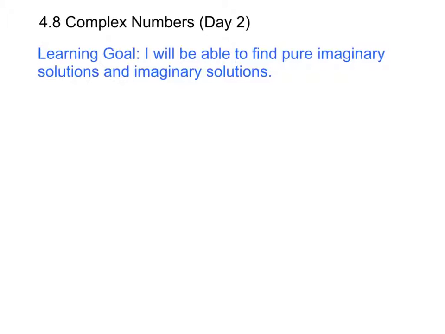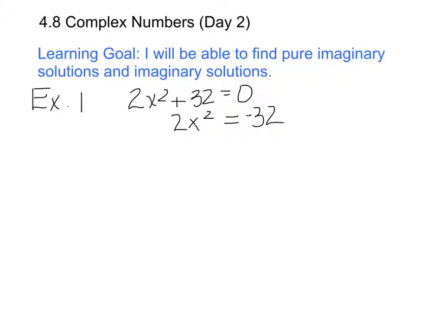Let me change my color. So I'm going to solve this by finding the square root. So I'm going to subtract 32, divide by 2, square root both sides.